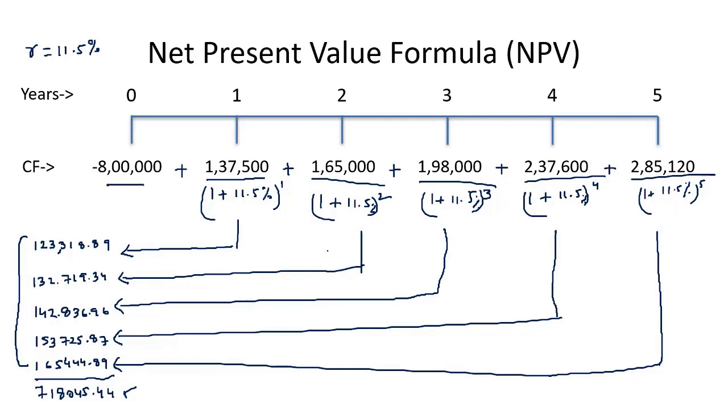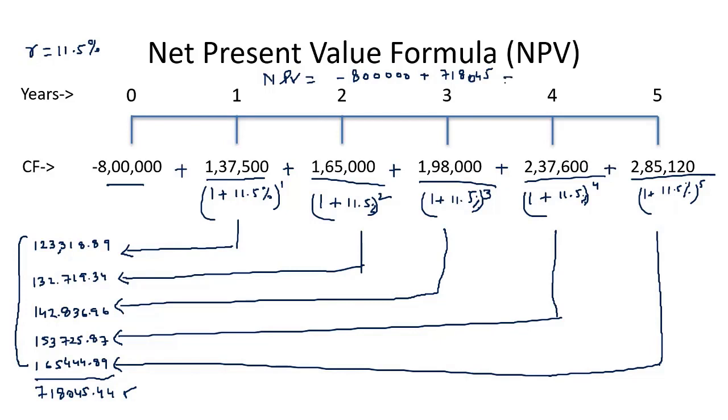So in this case, if I were to calculate the net present value, the net present value will be equal to 8 lakh rupees, which is the initial investment, plus the present value of all future cash flows, which is 7,18,045. This is 0.